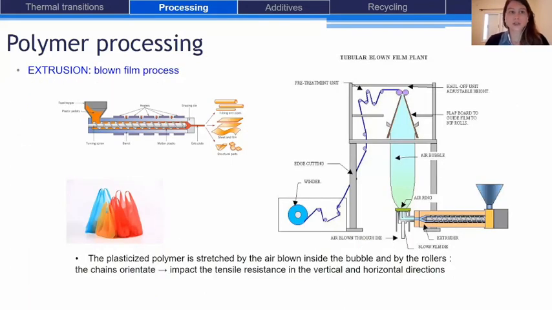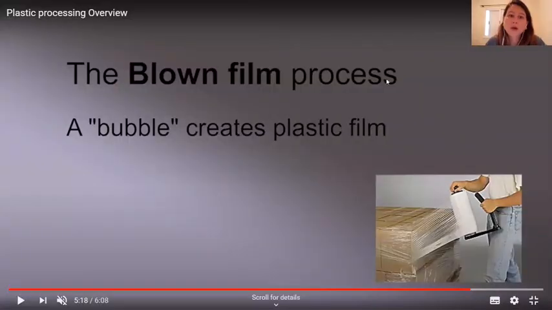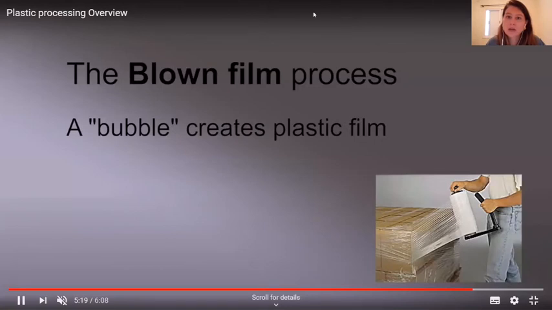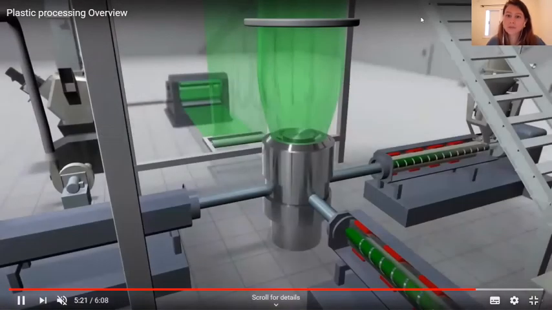There are variations of the extrusion process, and one of them is the blown film process, which is used to create garbage plastic bags or the film used in packaging. In the blown film process, a bubble is created in order to obtain a plastic film.